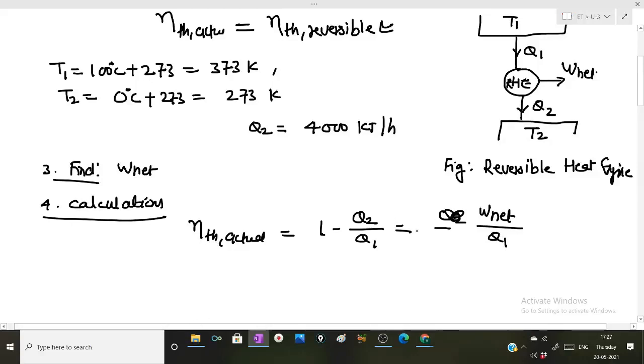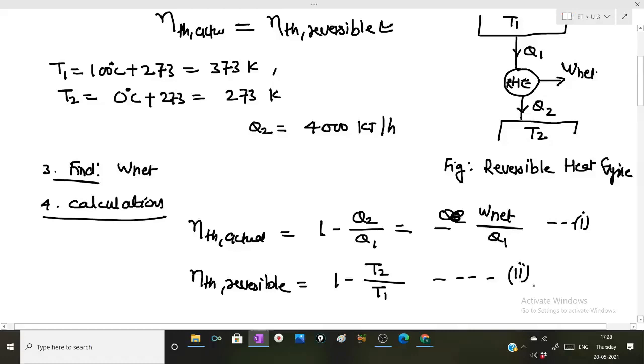Let's say this is equation number 1. What will be the Carnot efficiency or thermal efficiency of a reversible engine? It is in terms of temperature, 1 minus T2 over T1. Let's say equation number 2.